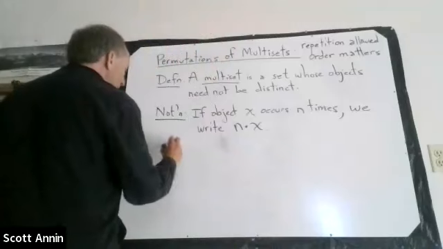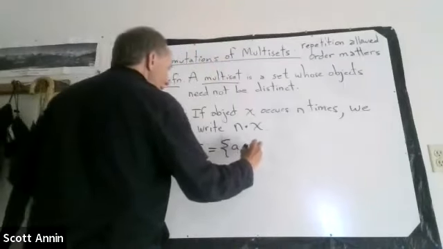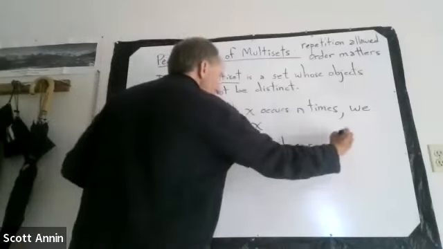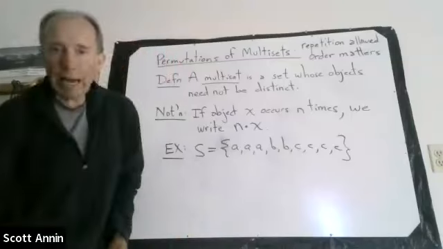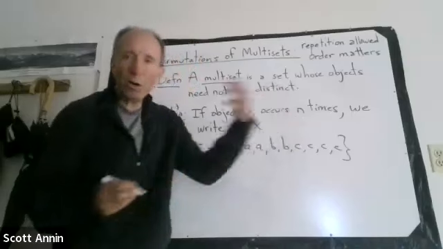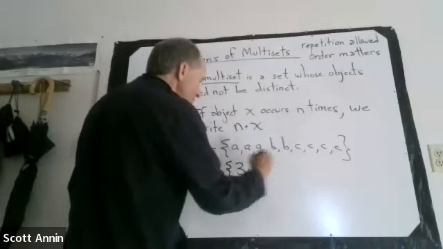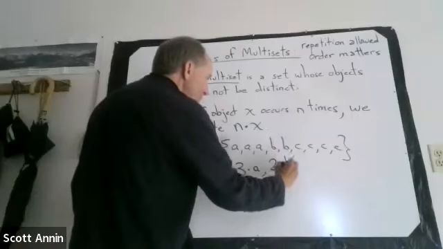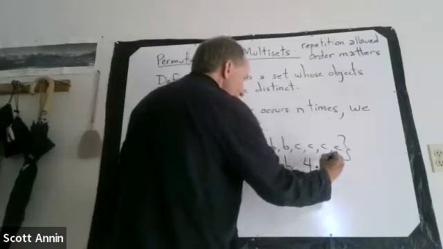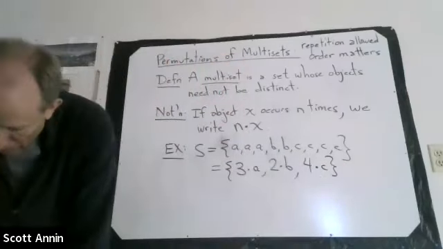So just as a quick example, if my multiset S had A, B, C, C, C, C, I see that the objects are not all distinct, but I can see that I have 3 A's, so I'll write 3 dot A. I have 2 B's, just 2 dot B, and I have 4 C's, so 4 dot C. That's a simple example of a multiset.